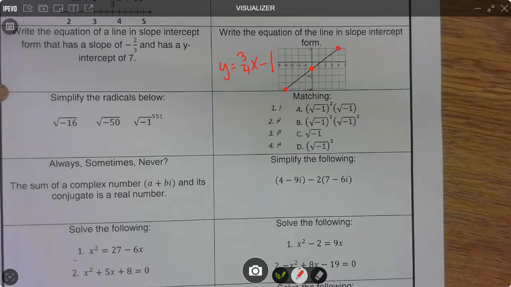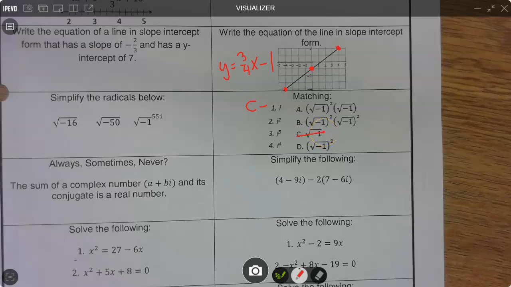So then I like this matching one for 1, 2, 3, and 4. So you had to decide, okay, what matches with what? Well, the easiest is that 1 matches to C because the square root of -1 is always i.